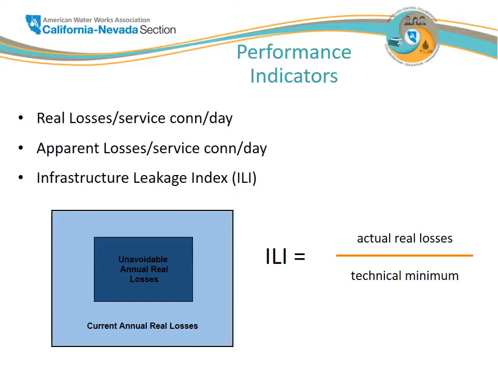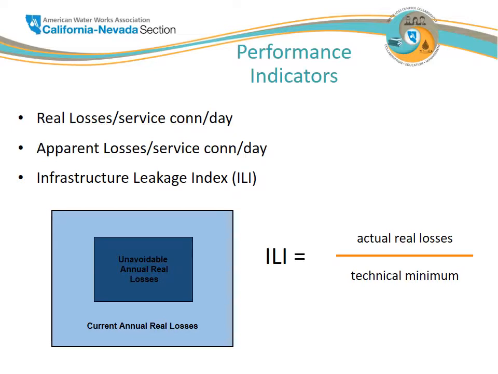And once we know that, then we can compare the current level of losses to that technical minimum baseline. And that's what the ILI does. It takes your actual volume of real losses, the volume of water losses determined by the water balance, and it compares it to that modeled technical minimum.